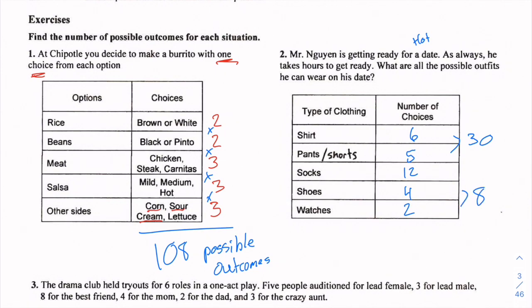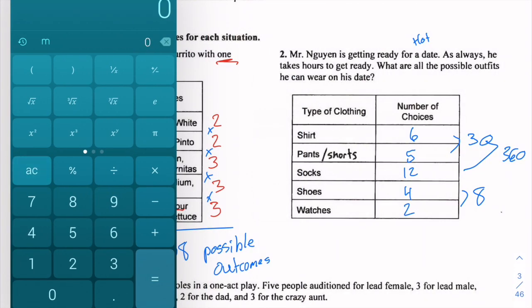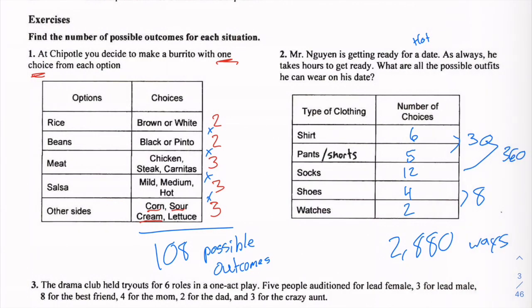What's 30 times 12? That's 360, right? 360 times 8. Dang, 2,880 ways I can get ready. See girls, see how much stress guys have to put in to get ready for a date? Look at all of that.